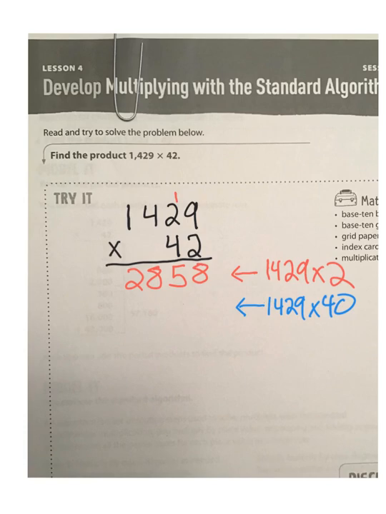Okay, we're not going to actually multiply by 40 because that's hard. We're going to just put that 0 right there underneath our 8. And now we can multiply by 4. Now this is a rule that you always need to remember. When you're multiplying by a 2-digit number, you first multiply the number in the ones column.